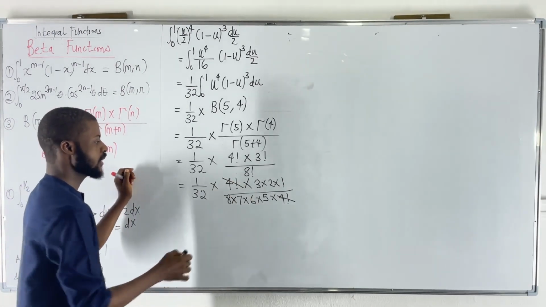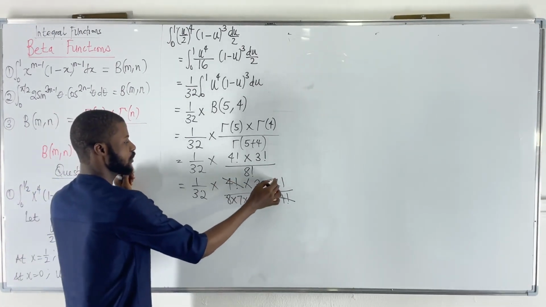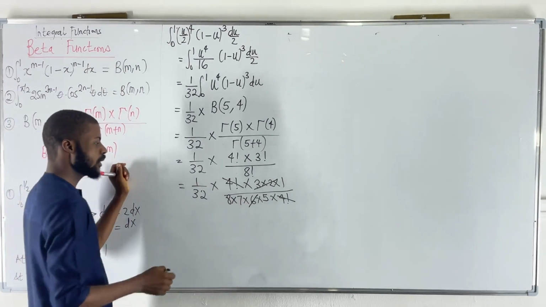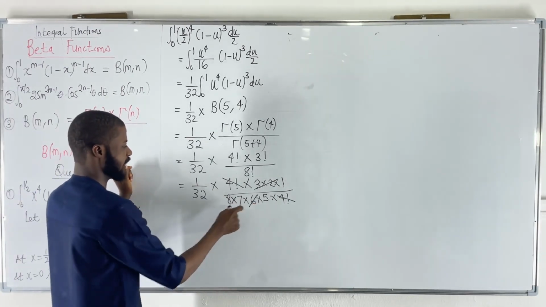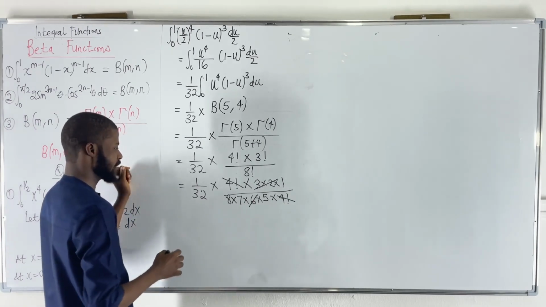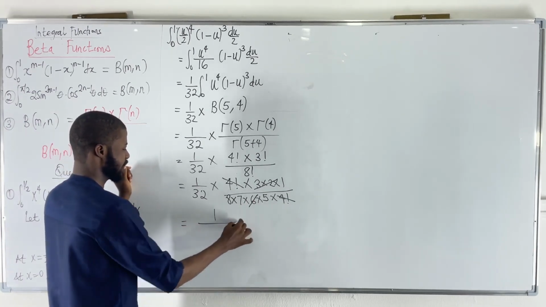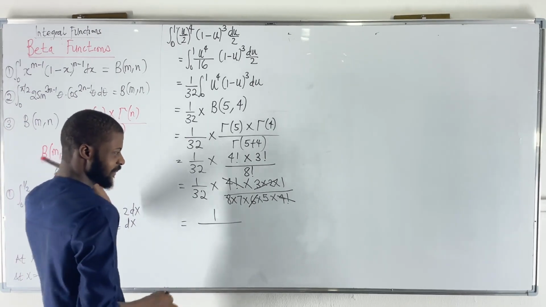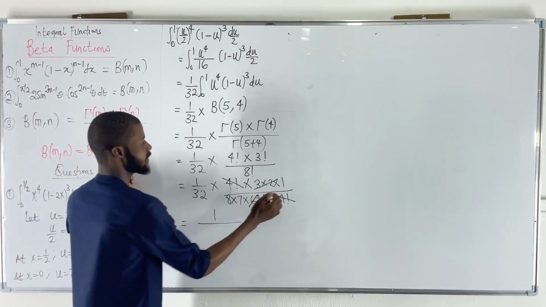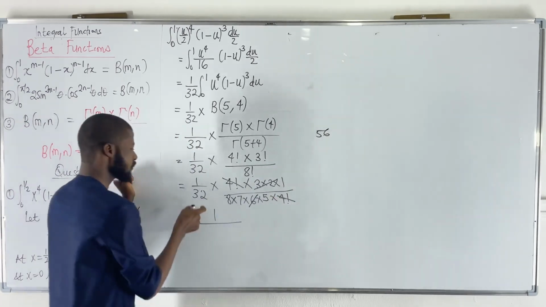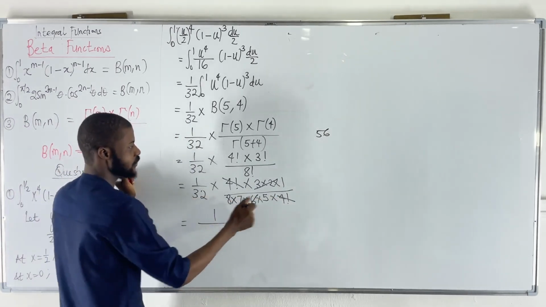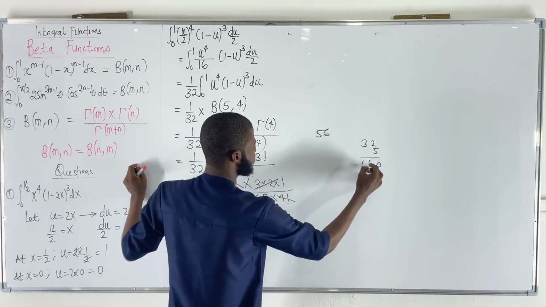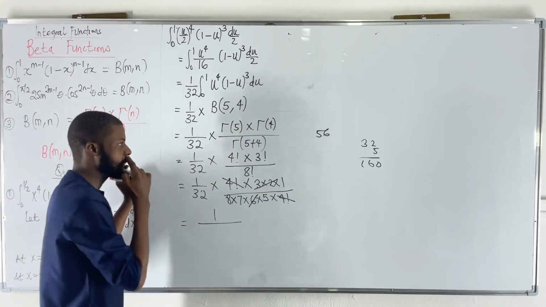Now, I know that 3 times 2 together will give me 6, so that's also gone. So I'm going to be having this left at the bottom. Those are some big numbers, so let's see what it's going to be. Now, 8 times 7 is 56. Then 32 times 5 is 160.